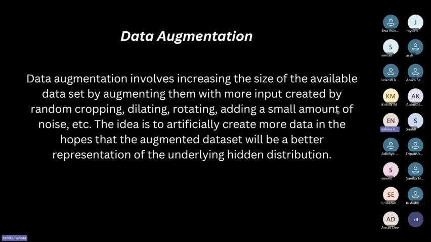We do this to increase the size of the data that we feed into the model by enhancing it or augmenting it with certain transformations, such as cropping or dilating or adding noise or rotation and things like that. So we're trying to create more data so that we enable the model to learn a better representation of features.